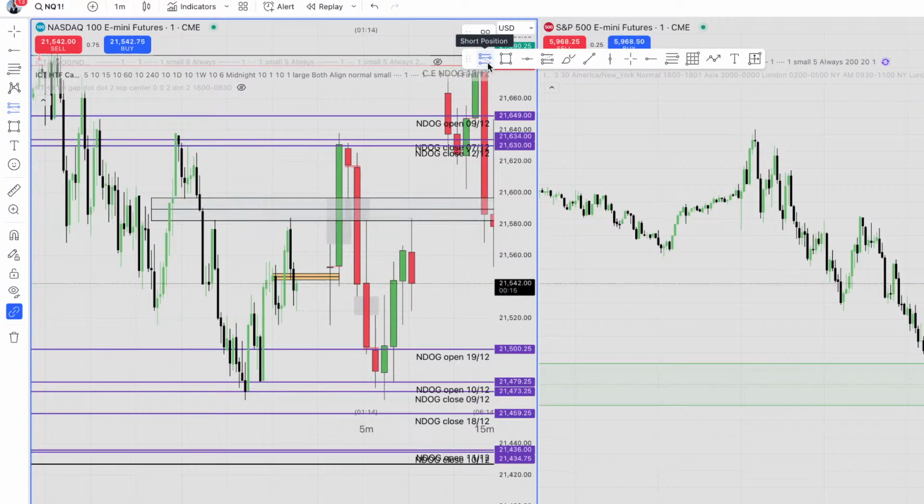Nothing that's interesting yet, but if the body closes below the swing, things will definitely change.